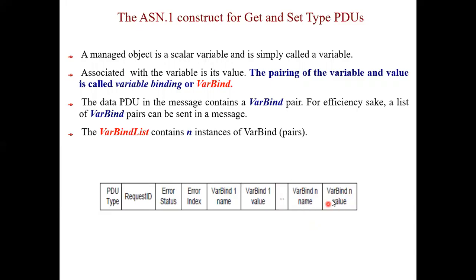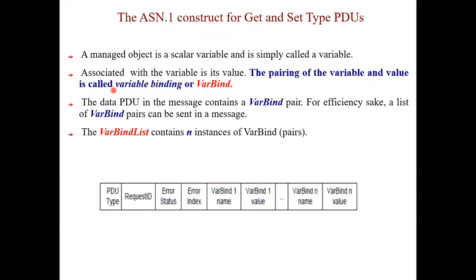Now what is varbind? Varbind is the pairing of variable and value. It is called variable binding. So I have a variable. Okay, so we have objects. Every object has a value. Suppose the object is a timer or it is a counter. So the counter is a variable or you can say an object, and that object will have some value.